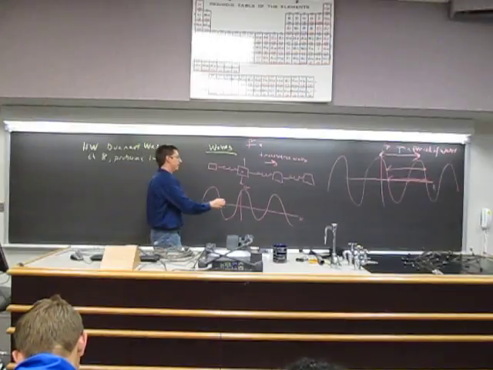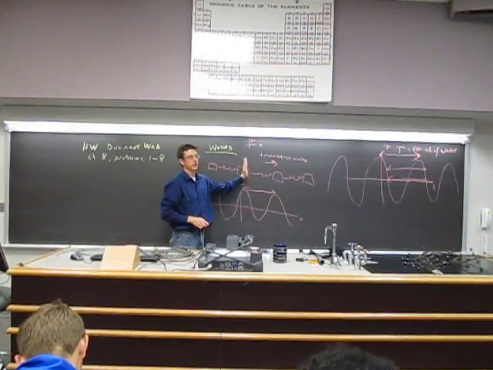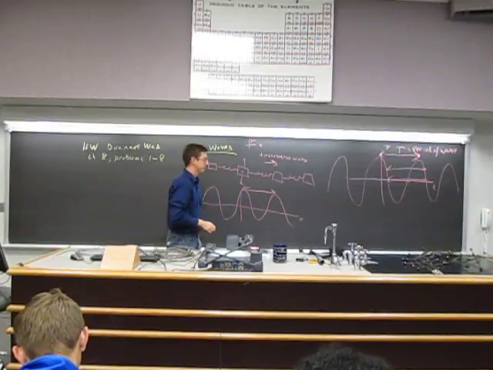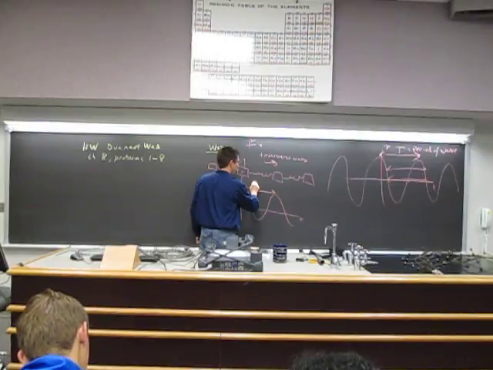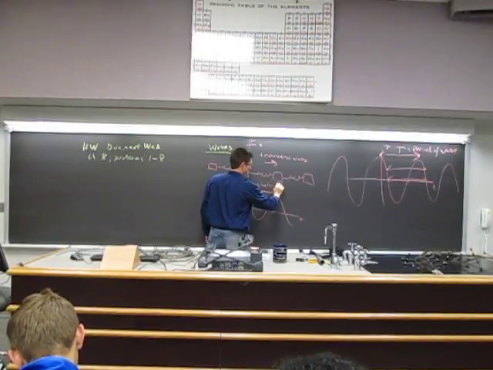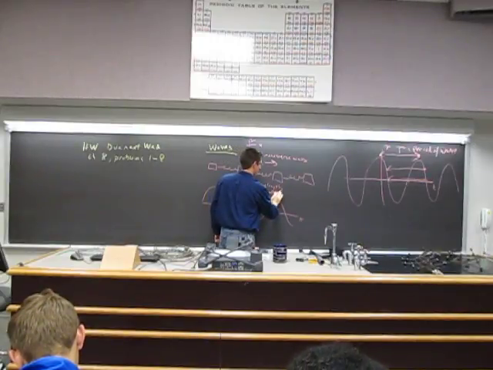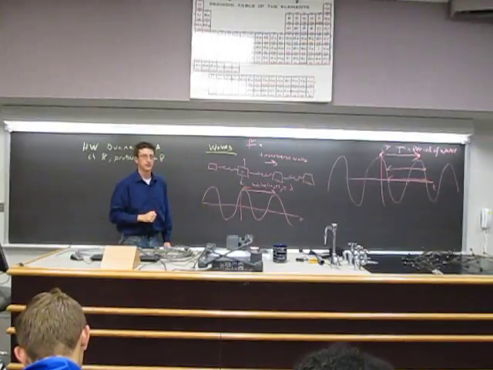So the distance between where the wave has one peak and a second peak is called the wavelength, and that's symbolized with the Greek letter lambda.